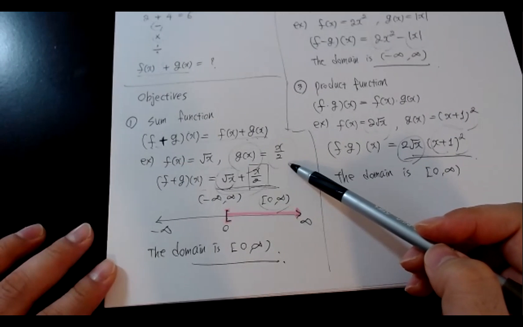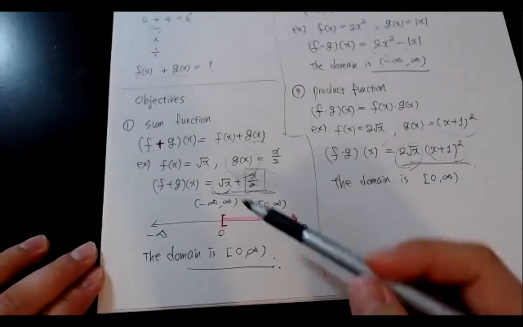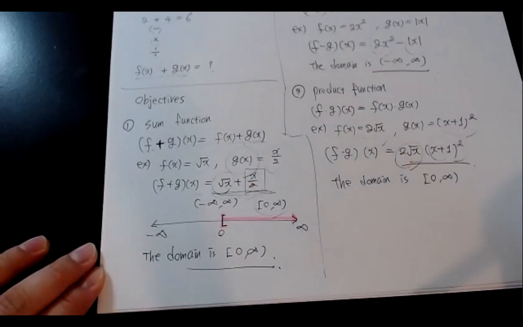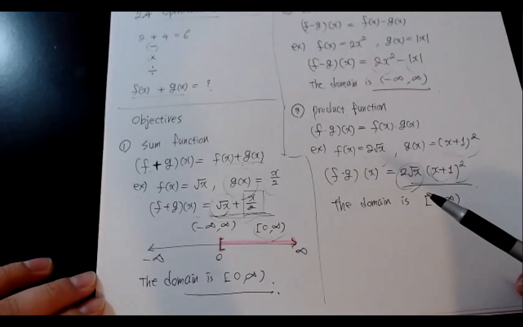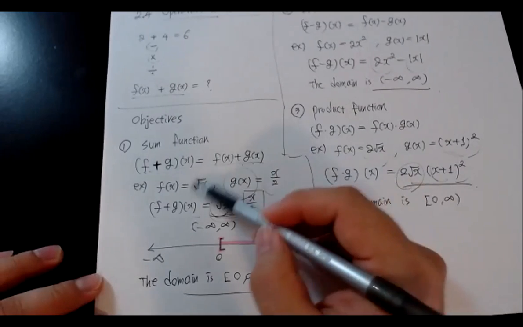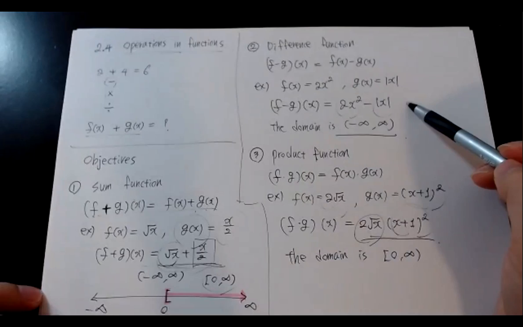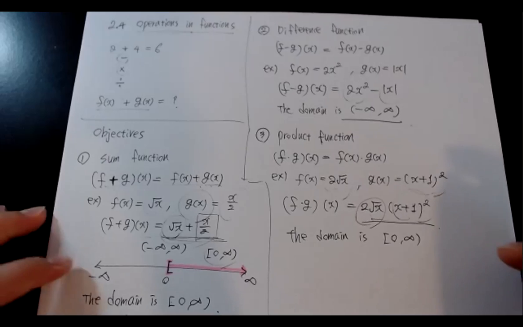This is a polynomial and absolute value. This is square root and polynomial. So if two functions are combined with a new operator, such as sum, difference, and product, and then we're going to see a quotient, and they are different types of functions, then when you find the domain, you need to find the intersection of the two domains. So keep this in mind.